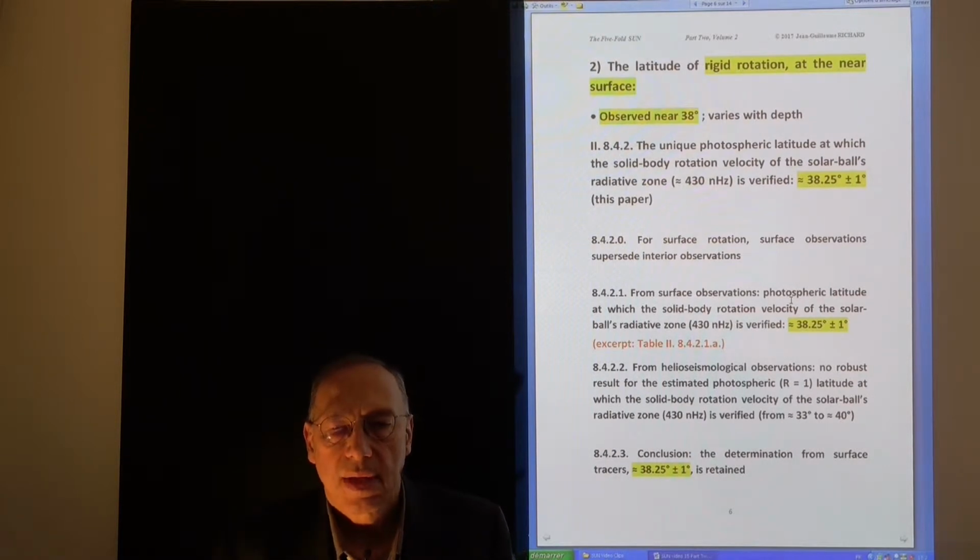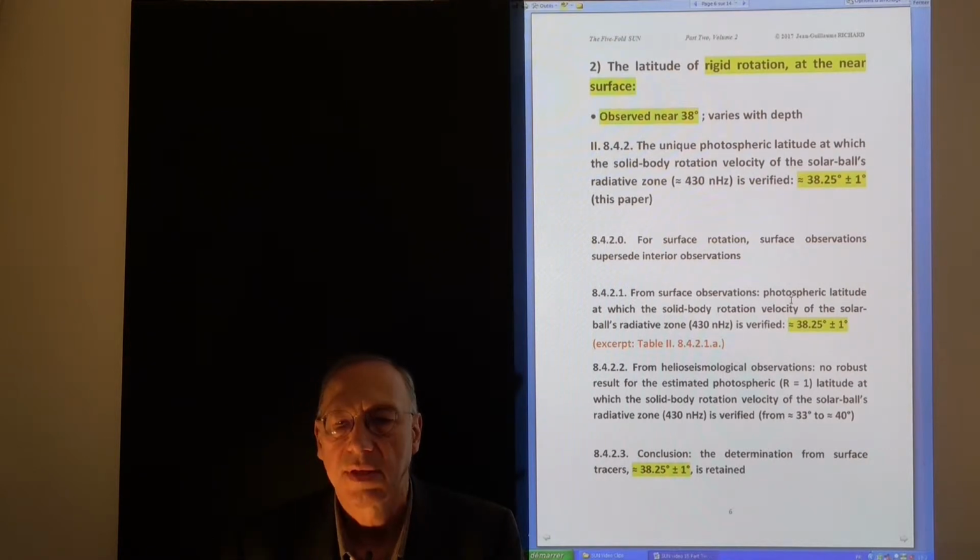From a meta-analysis of the literature, it was found in the Fivefold Sun as a book that this angular velocity, which corresponds to the rigid rotation of the solar ball, is verified at the surface near 38 degrees.